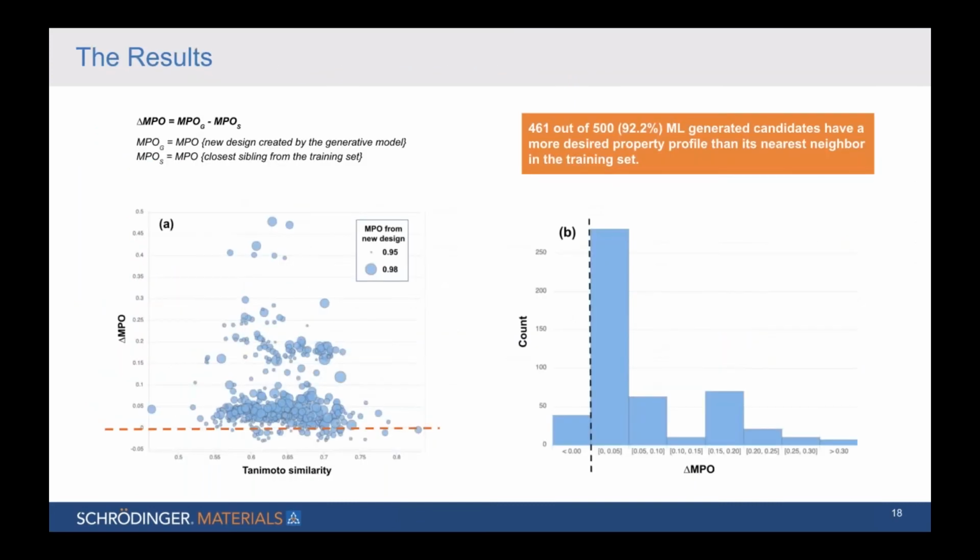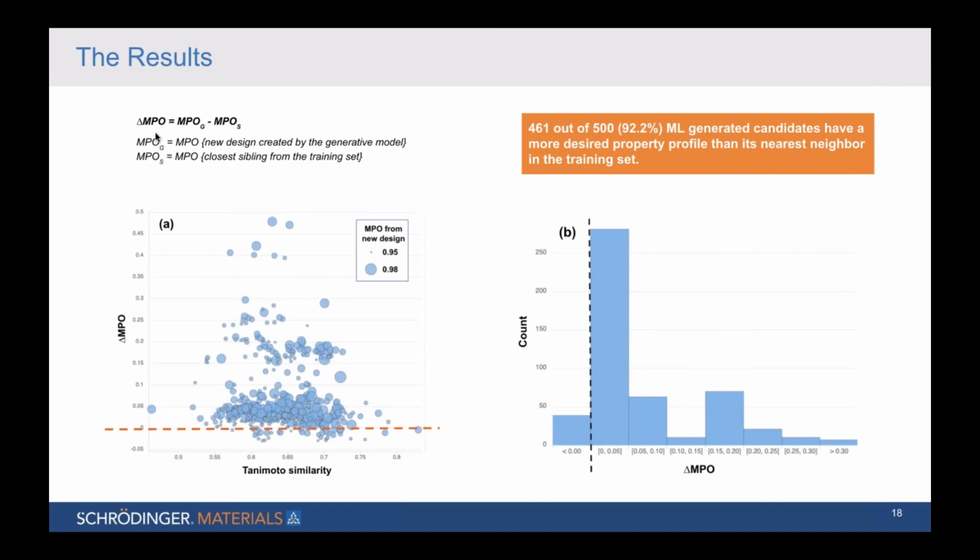So with the plotting tools, we're able to look at the results to do our structure and property similarity analysis. In this plot, the y-axis is the difference in calculated MPO score between one of the 500 top machine learning generated structures and its closest neighbor, or closest sibling, from the training set.